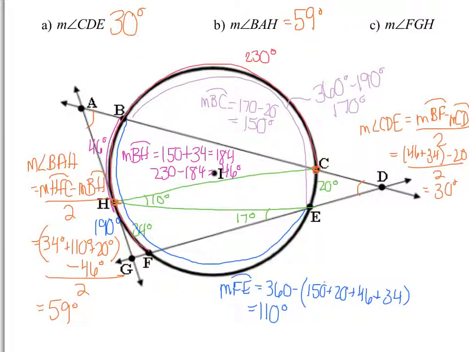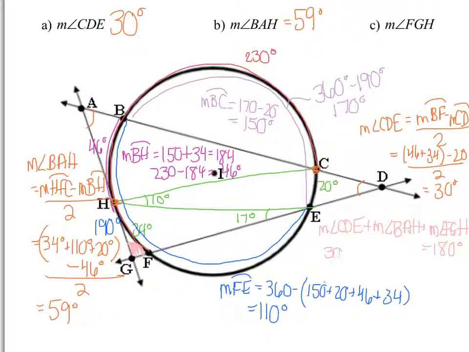Finally, we have to find the measure of angle FGH, this angle right here. What I know is that this is a triangle, and the angles of a triangle add up to 180 degrees. So the measure of angle CDE plus the measure of angle BAH plus the measure of angle FGH is going to add up to 180 degrees.